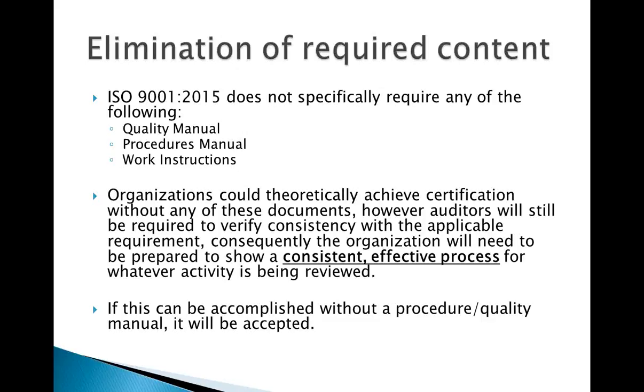So the organization has to be able to show us that what they're doing is consistent and effective. Now, if that can be done without a procedure or without a quality manual, absolutely that's to be accepted. But we're still going to view quality manuals and procedures as a potential strategy for achieving consistency and effectiveness of processes.